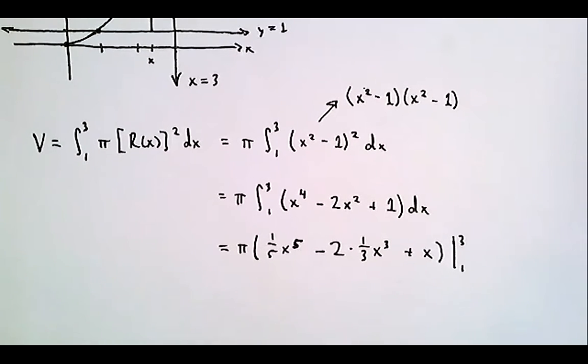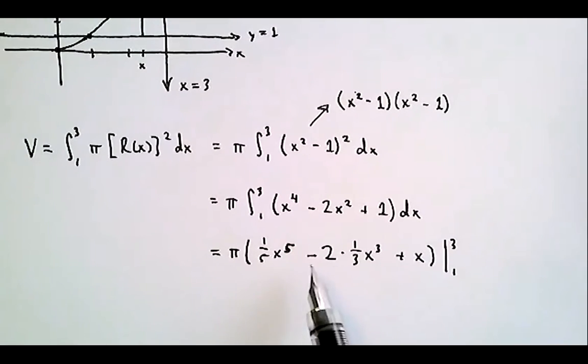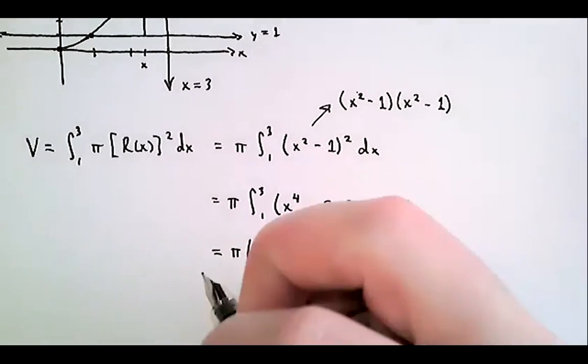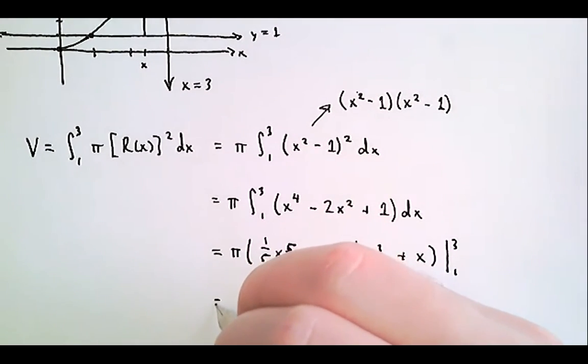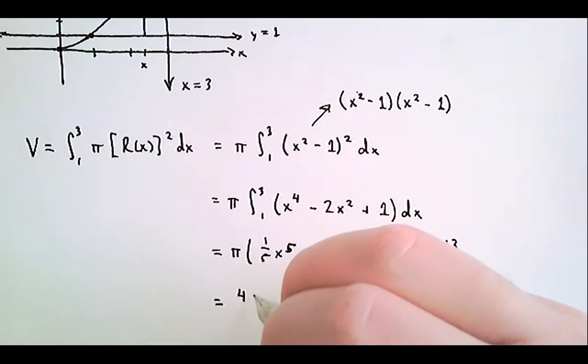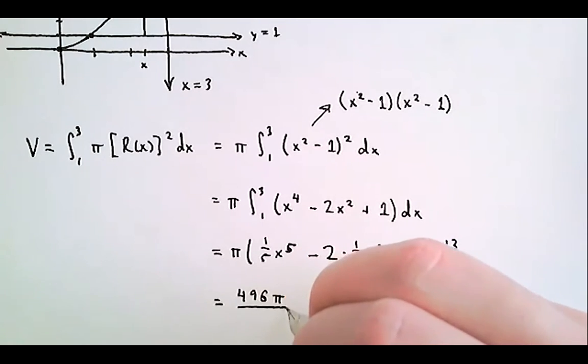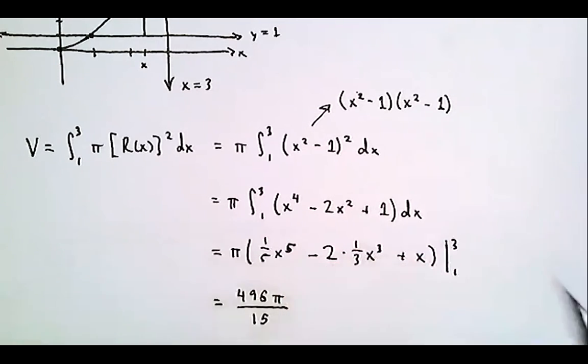Okay, and then in the interest of saving a little bit of time, I'm not going to work through all of the arithmetic here. I'm just going to go ahead and tell you the answer. It's 496 pi over 15.